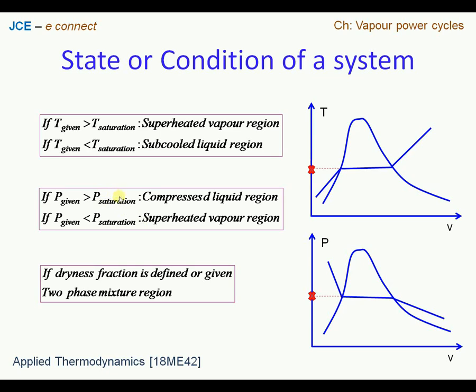So on a TV plot, the corresponding point along the saturation line gives a saturation temperature. These are some of the guidelines through which one can determine in which state or condition the system is lying.